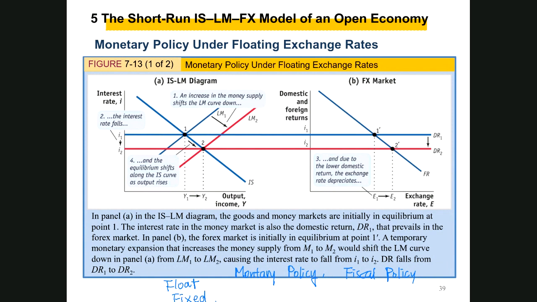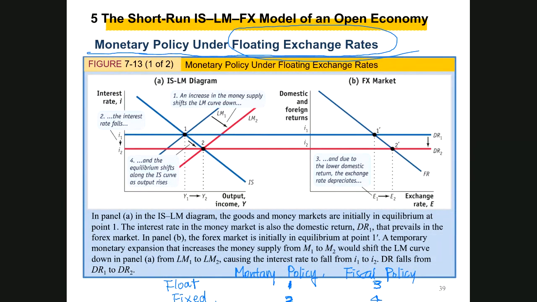So we are going to explore what happens. The first case will be monetary policy under the floating exchange rate regime. Then we are going to look at monetary policy under the fixed exchange rate regime, fiscal policy in the floating exchange rate regime, and fiscal policy in the fixed exchange rate regime. Okay, so let's take a look.